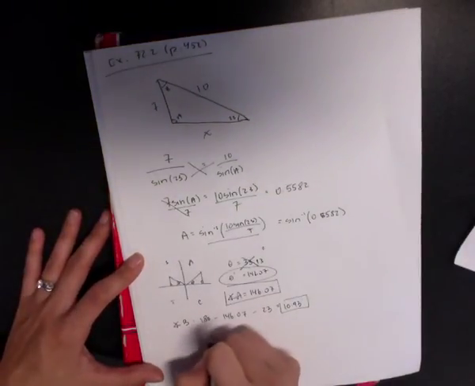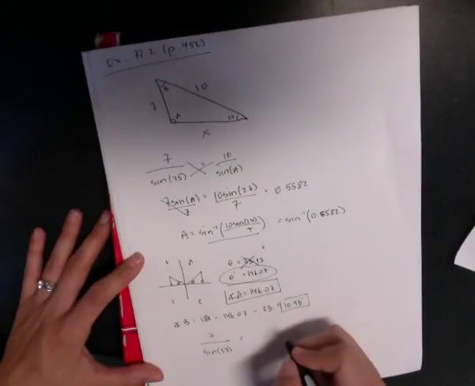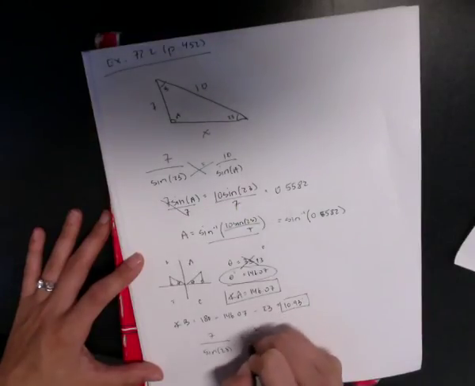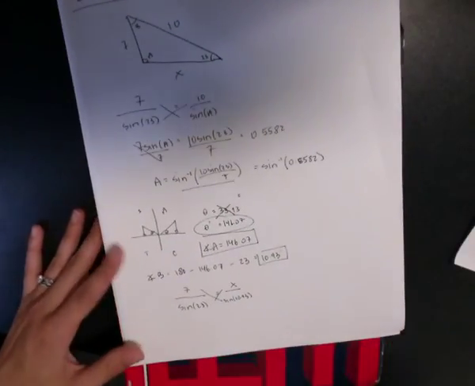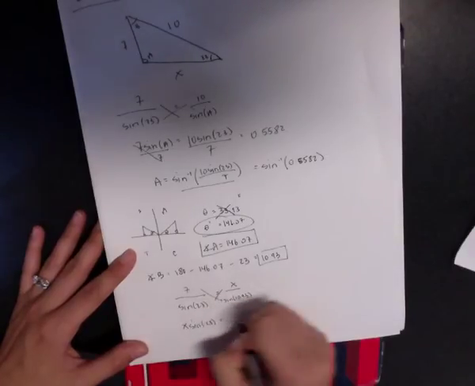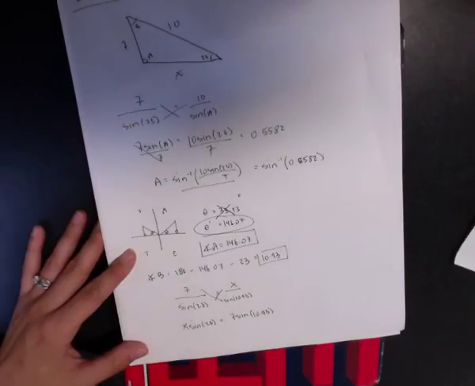And again, my law of sines, I can have 7 over the sine of 23 equals x over the sine of 10.93. Cross multiply. So I get x sine of 23 equals 7 sine of 10.93.